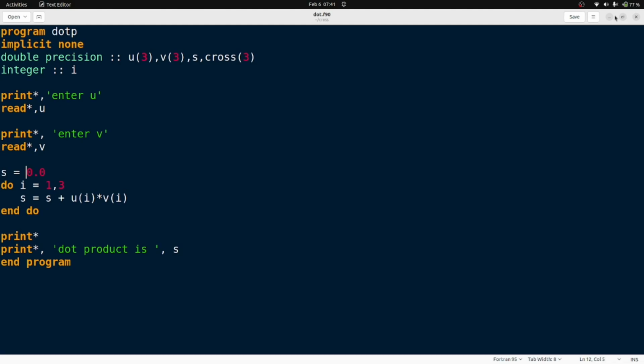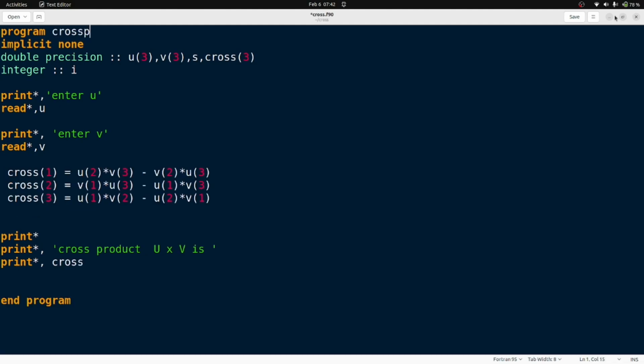Having entered the two vectors, I'll have a little loop that for indexes 1, 2, and 3 adds up as a running sum u number i times v number i, and then I print out to the screen what the dot product is.